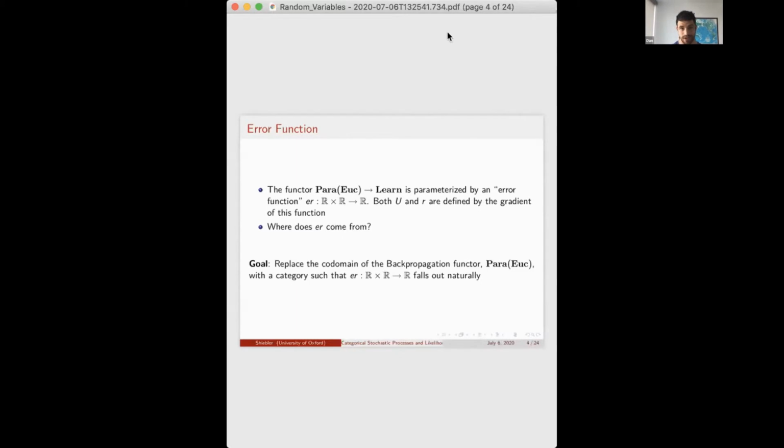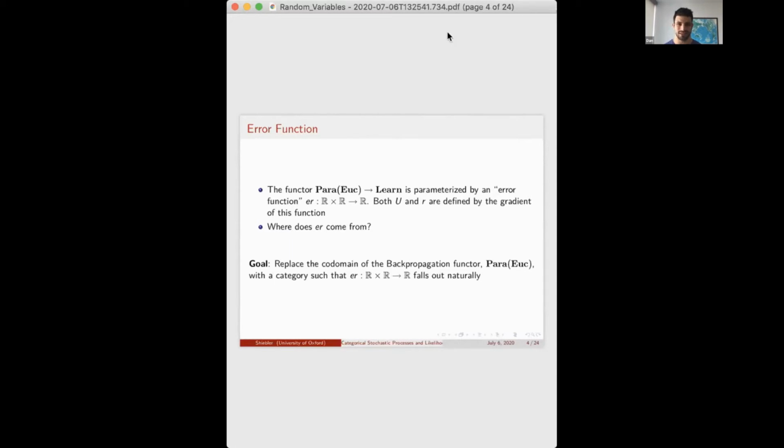Now, one thing about this work, and also a couple of other works that are focused more on automatic differentiation in the abstract as opposed to just backpropagation and neural networks in particular, is that there's the notion of these things being optimization as opposed to machine learning in general. And the bridge between optimization and machine learning is that of an error function.